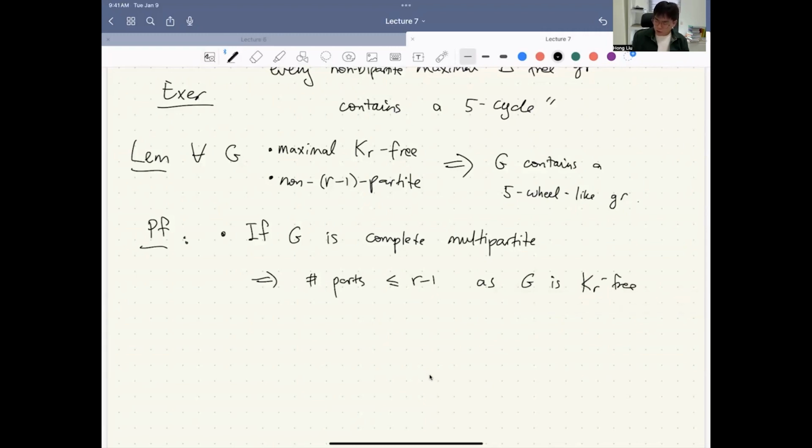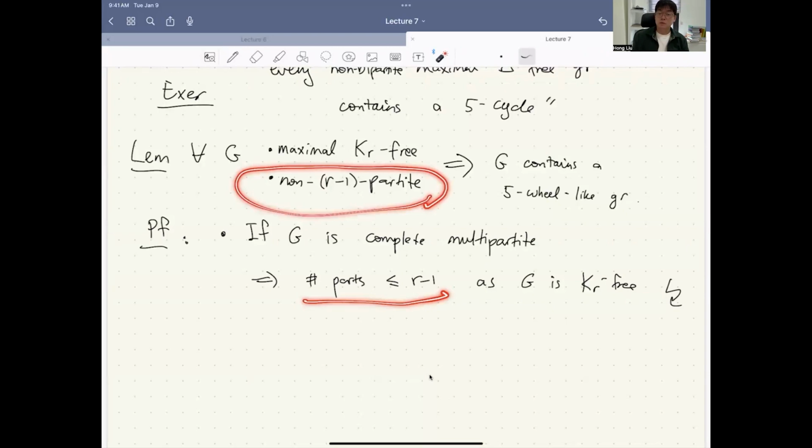Okay, this is a contradiction because our graph is not R minus 1 partite. So G is not complete multipartite.